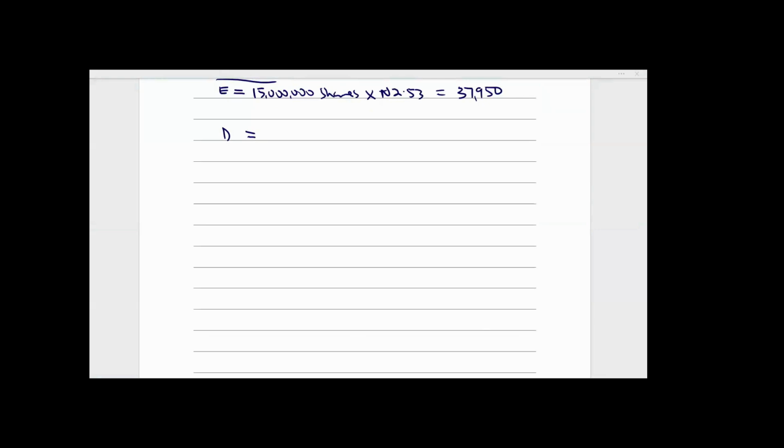So 40 million naira multiplied by the market price of 94.88 divided by 100 naira. So 40 million multiplied by 0.9488 equals 37,952. So that's the market value.